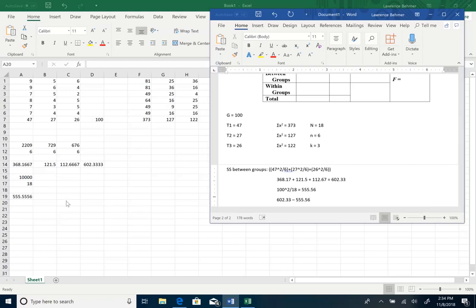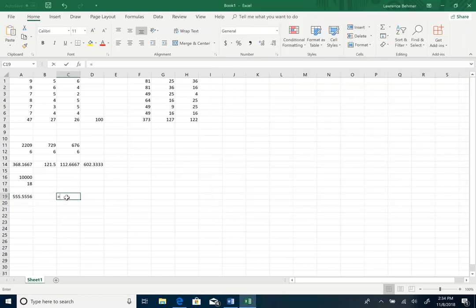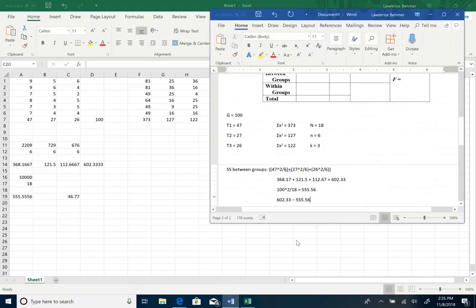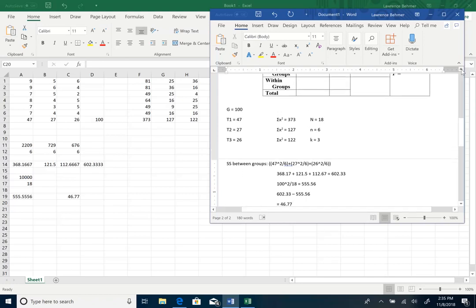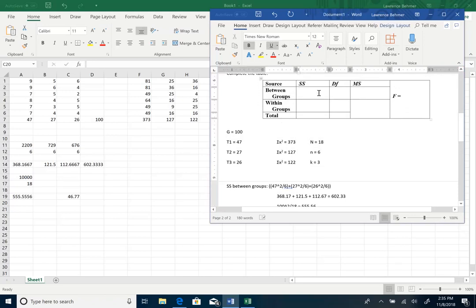And so we'll do that in Excel. 602.33 minus 555.56. And so that's our sum of squares. Our sum of squares is 46.77. Equals 46.77. Fantastic.